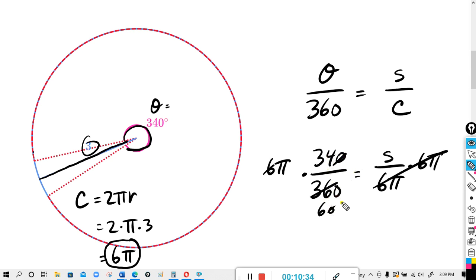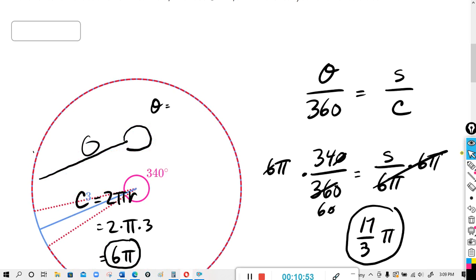And then 34 divided by 6, they're both even. 34 over 2 is 17. 6 over 2 is 3. And we still have the pi. Can't reduce that any further. You can put the pi in the numerator or you can put it out front. That's the same thing.